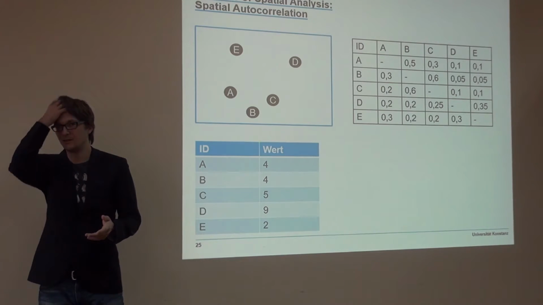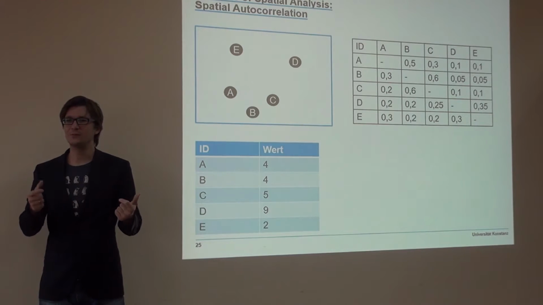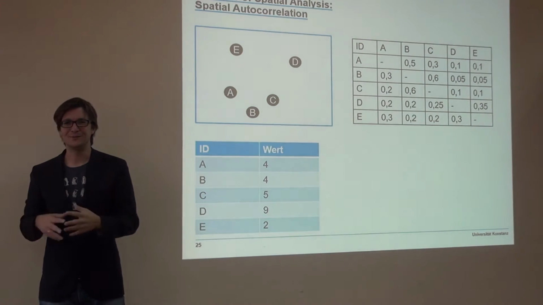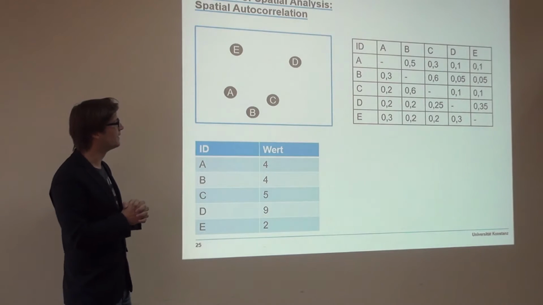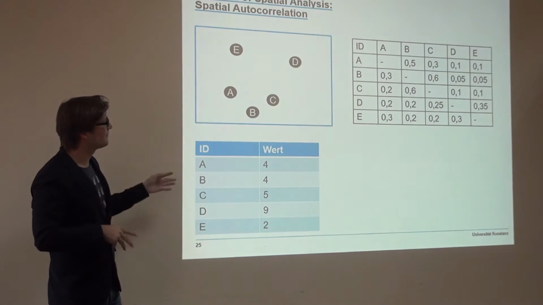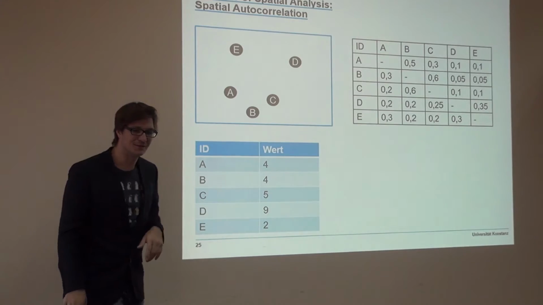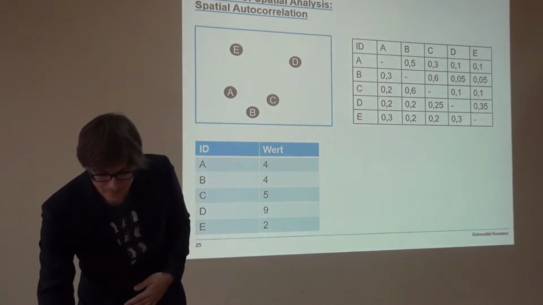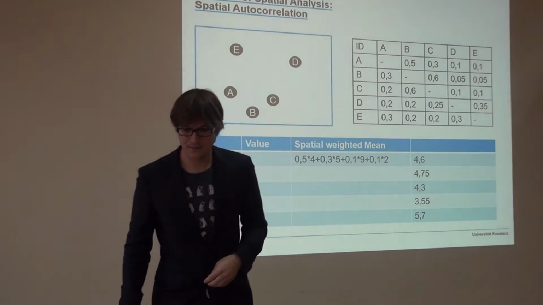But of course, when you have more than 5 observations, you have to have some kind of statistical measurement. And here the spatial weights matrix comes into play.